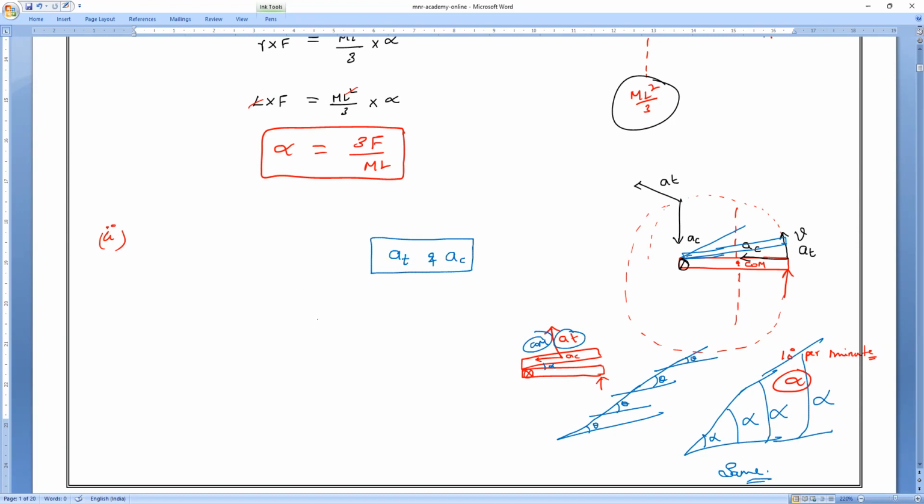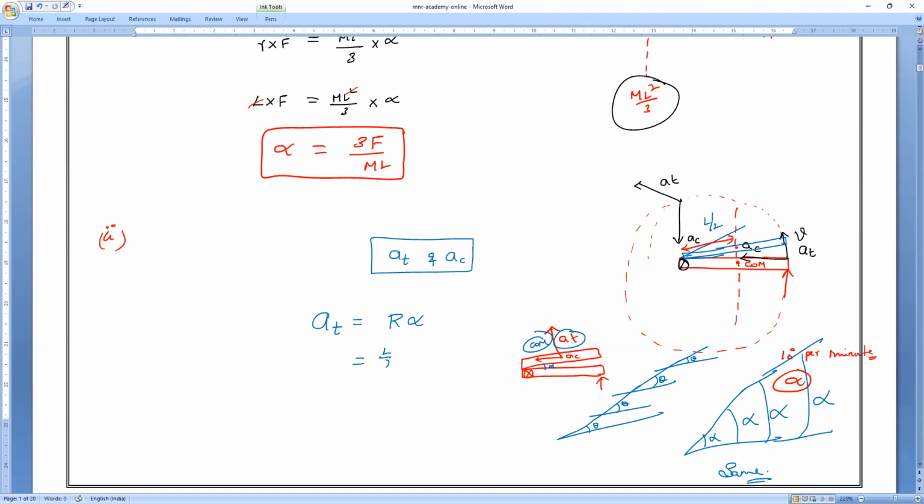Okay. Now first, tangential acceleration. What is the tangential acceleration formula? R alpha. Now tell me, R means distance, till the center of mass. What is the distance? Total length is L, so till the center of mass, the distance is L by 2.